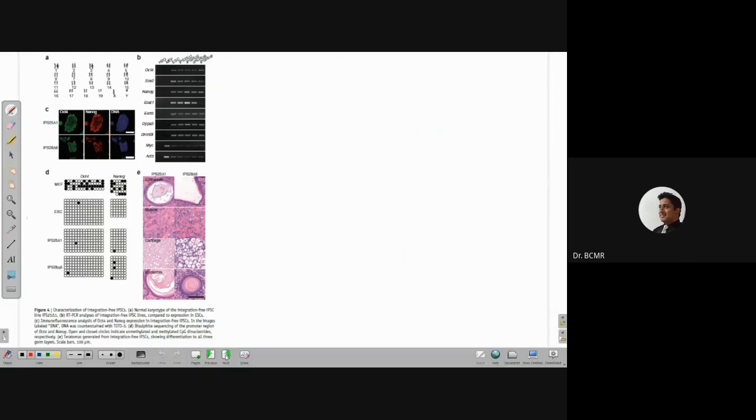I'm not going to talk about karyotyping. I would rather stick to the molecular techniques that we have. In B is using RT-PCR. Here it is not real-time PCR. It is reverse transcriptase PCR.